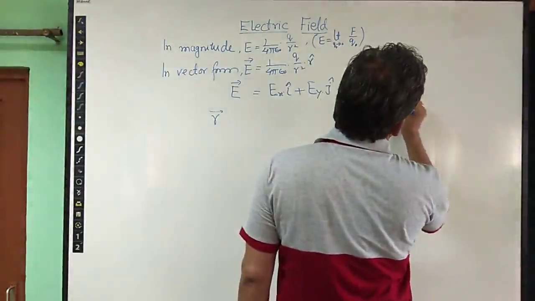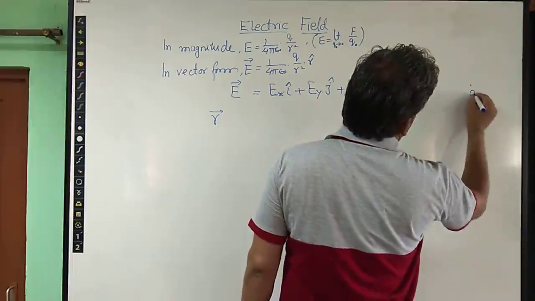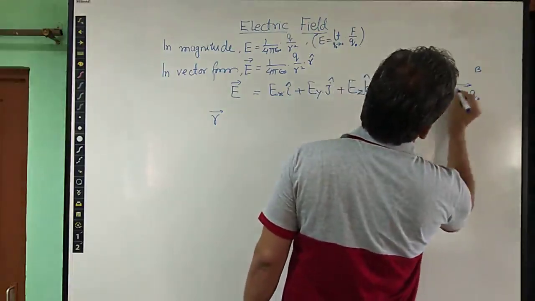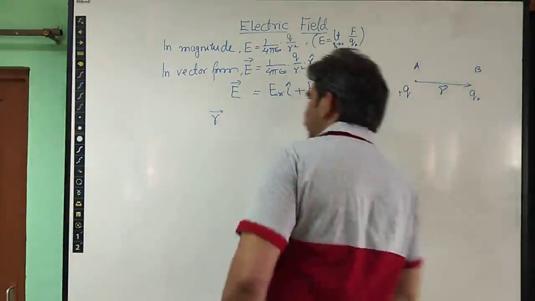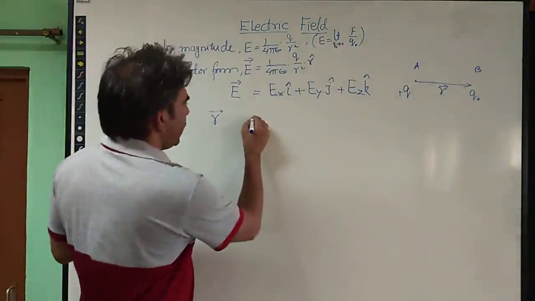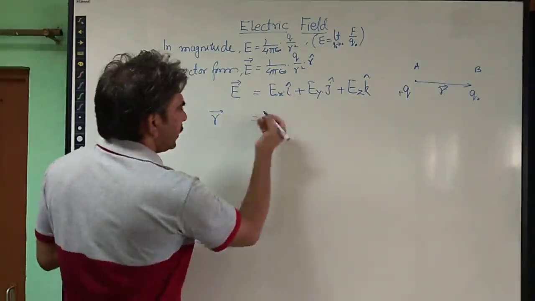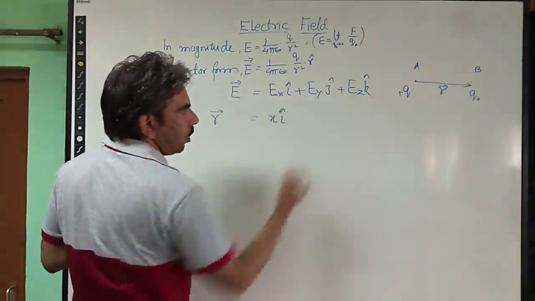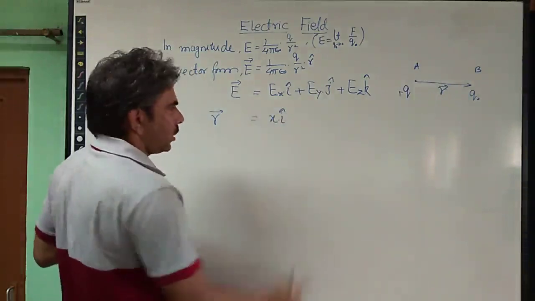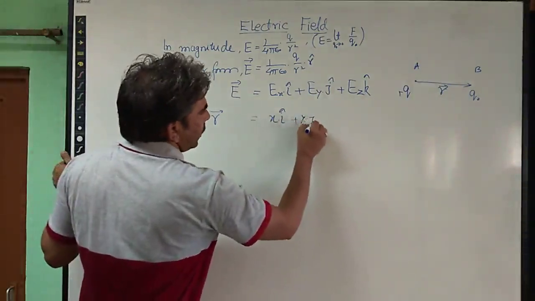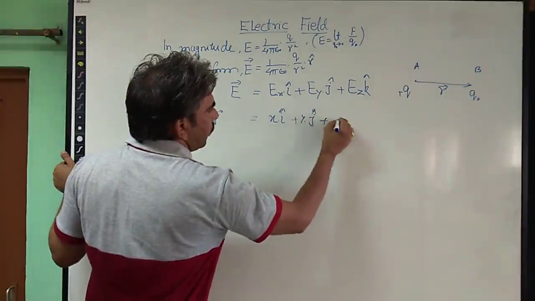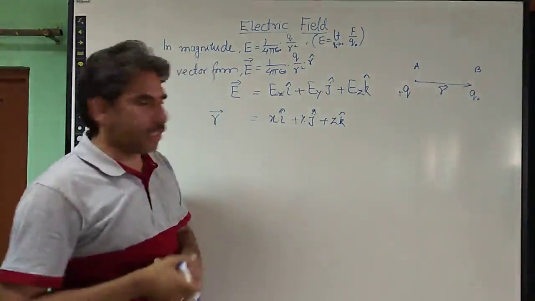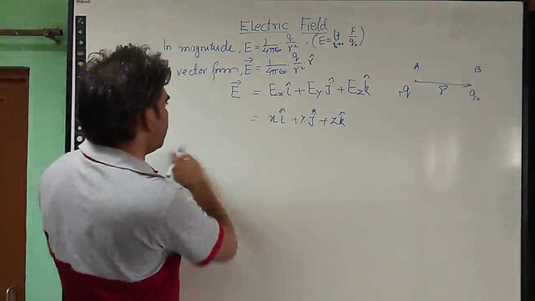This is the source charge and this is the test charge Q naught at position A and at position B. So this is the vector R. So this can be written as x i cap, this is the position of the test charge with respect to the source charge, plus y j cap plus z k cap. This is the vector form of this position vector.